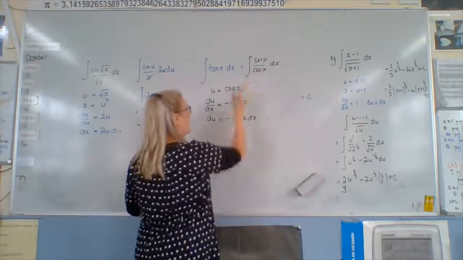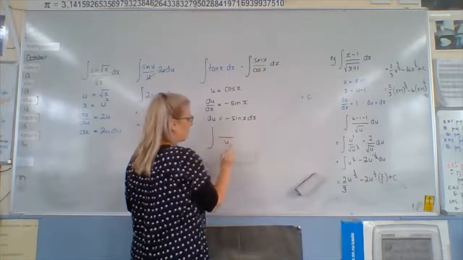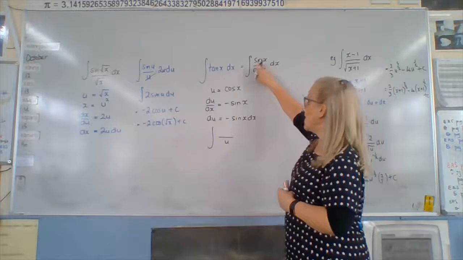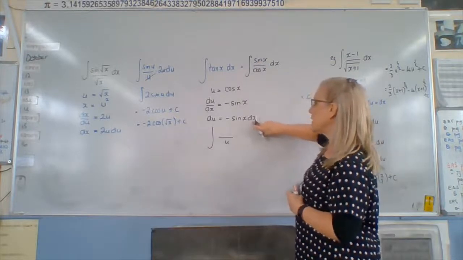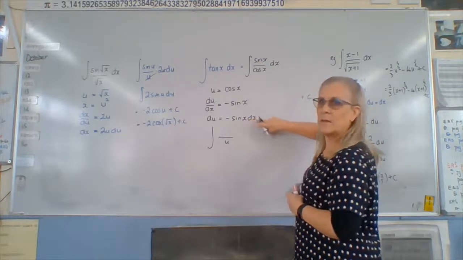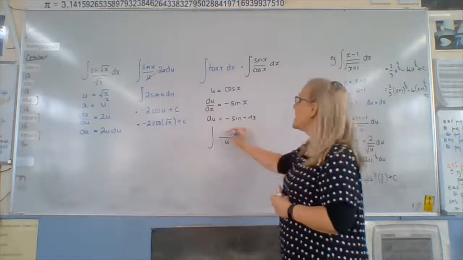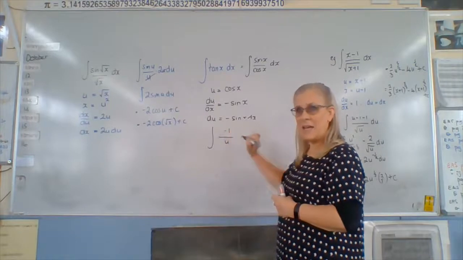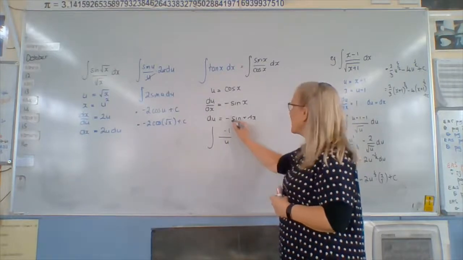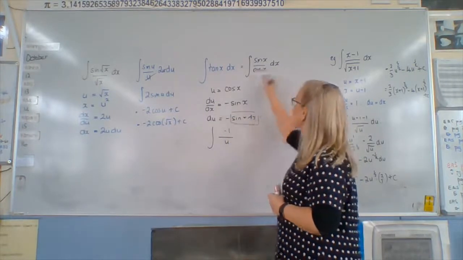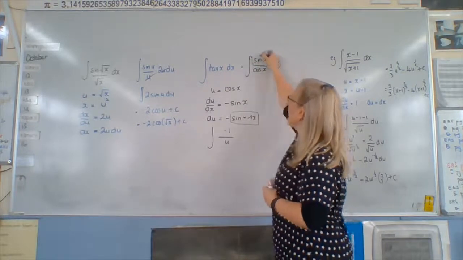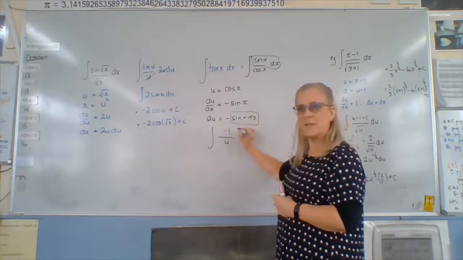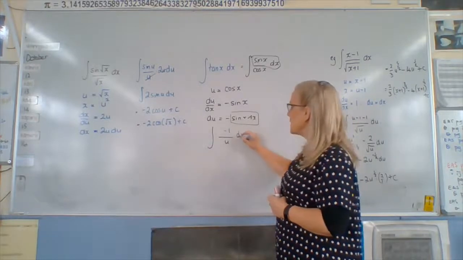We've got a u here, all right? And instead of that dx and that sine, we're going to replace it with this. And that equals that. So it's a negative 1 on the top, du.